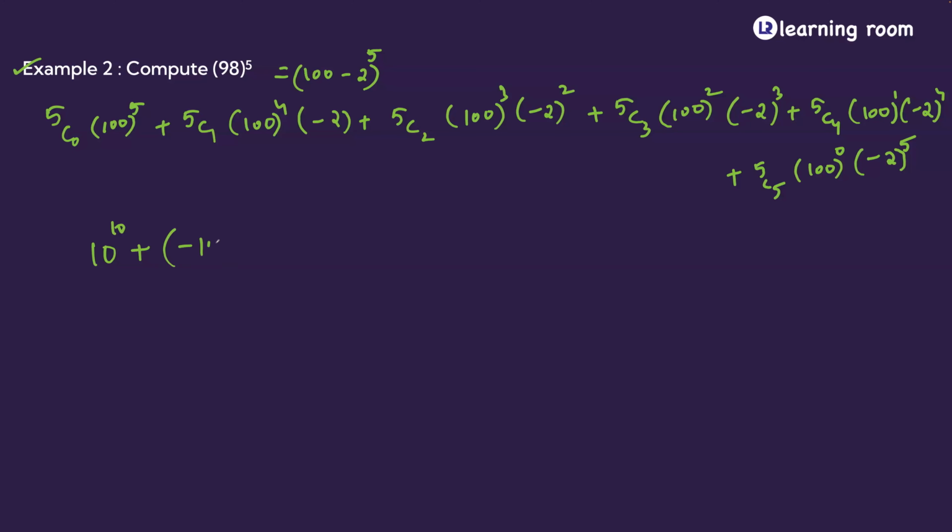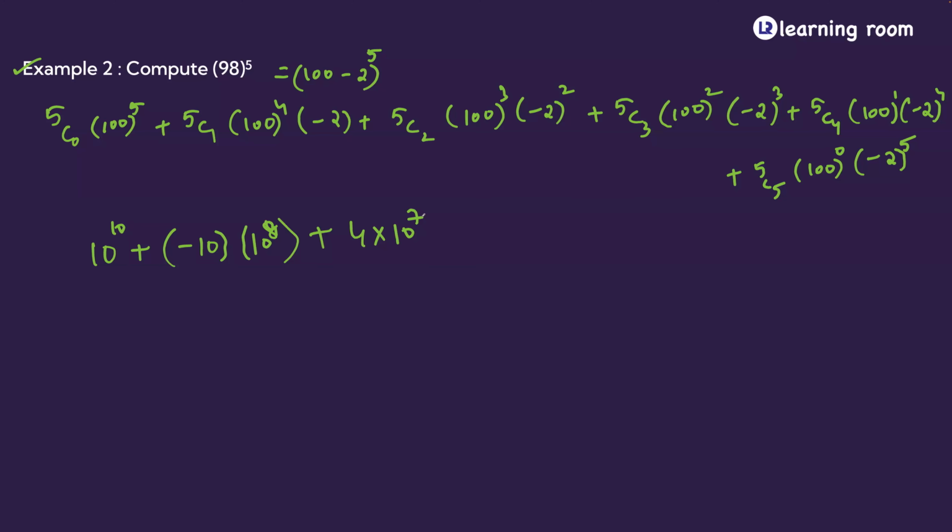So I can write it as minus 10 into 10 power 4. Am I right? Plus what is 5c2? 10 power 8. What is 5c2? 5c2 is 10. So 10 into minus 2 the whole square is going to be 4. So 40 into 10 power 6. So it will be 4 into 10 power 7.